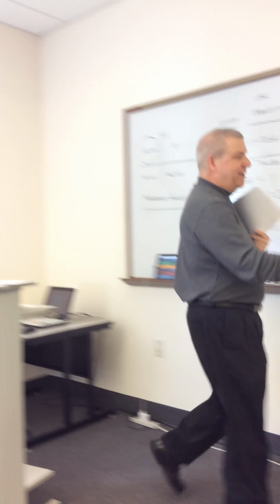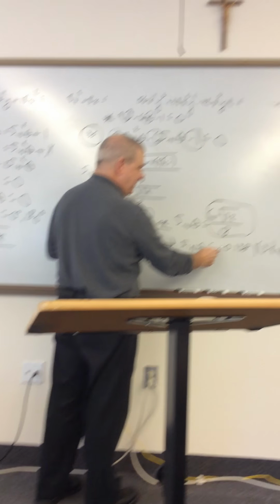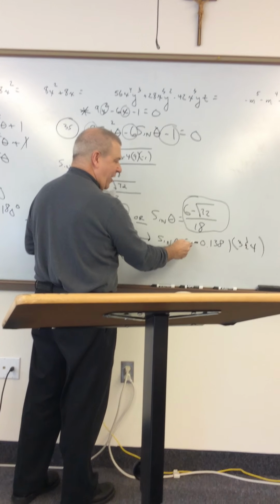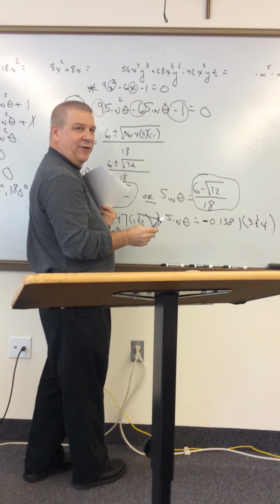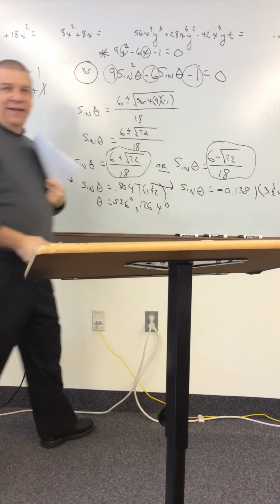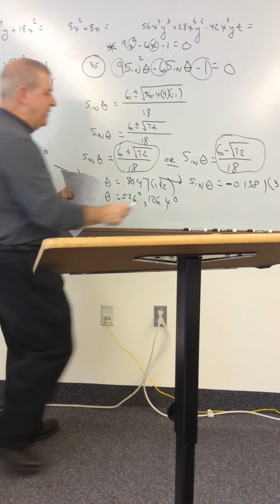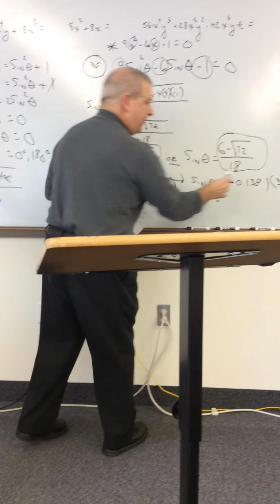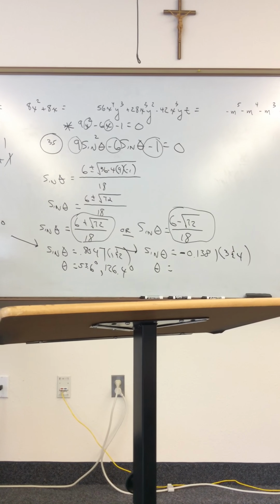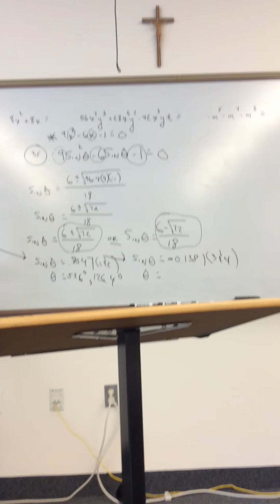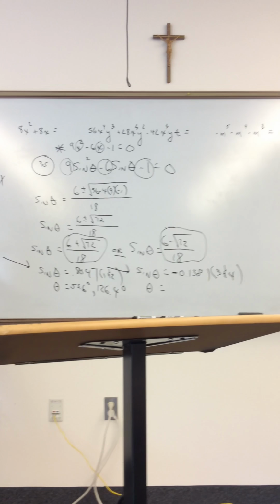Okay, now look over here. And you see this negative sign? You're not going to enter the negative in your calculator. What did the negative sign tell you? Third and fourth, right? So before you can give me the answer in the third and the fourth, you need to get the reference angle, which your calculator will give you.